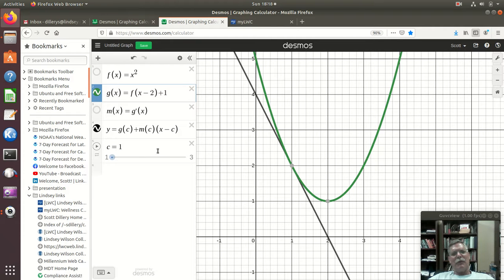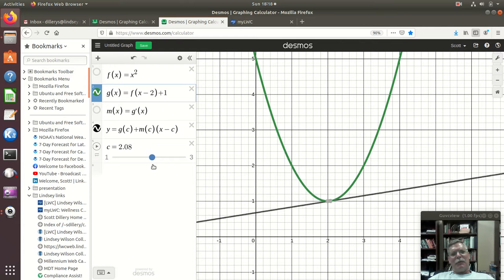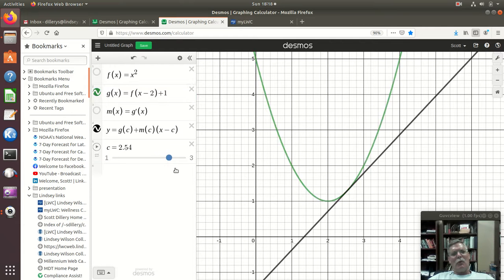That's the point part. And then what's interesting is if I use this slope, no matter where I move that point C, it turns out that slope gives me this nice effect of giving me the general trend at that point.